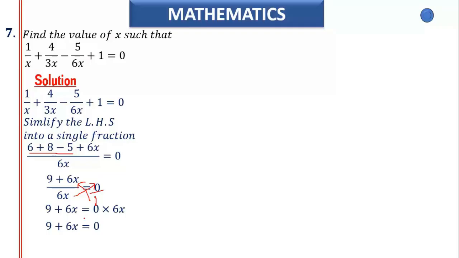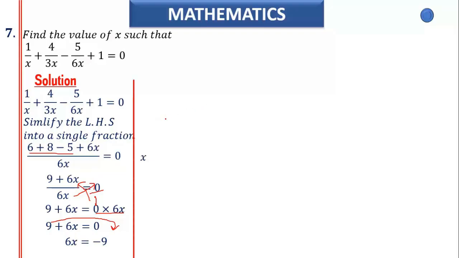And from here, we can then simplify further, because 0 times 6x will give you 0. So that means 6x equals minus 9, because 9 would come to the other side of the equation, from the left hand side to the right hand side. So by that, because it's positive here, it will change to negative.